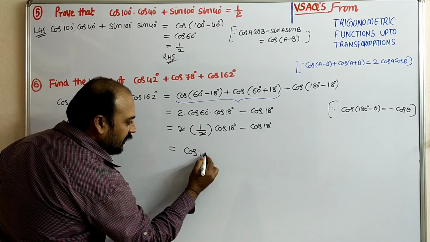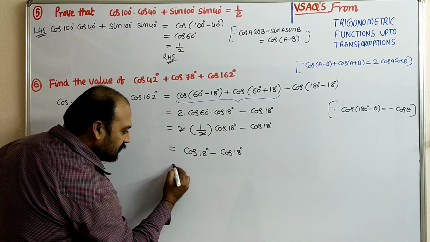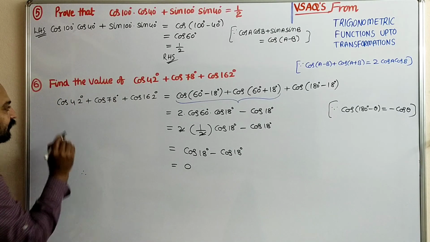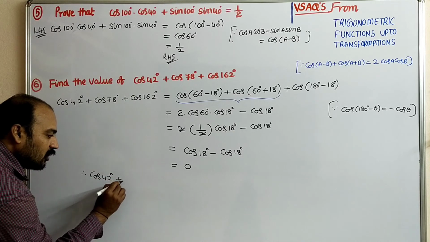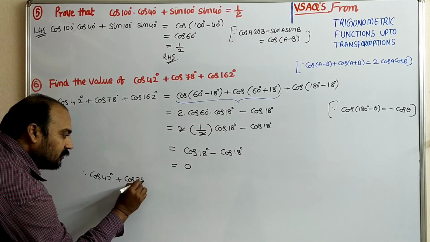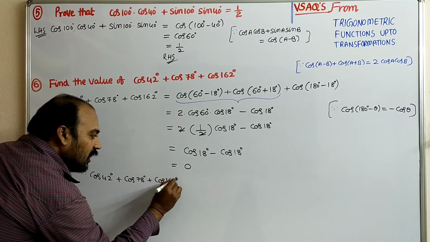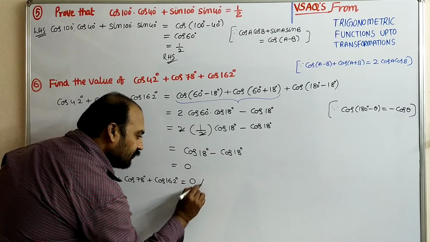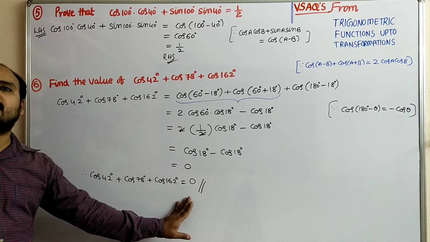Cos 18 degrees minus cos 18 degrees is equal to 0. Therefore, conclusion step: cos 42 plus cos 78 plus cos 162 is equal to 0. They are asking to find, they are not asking to prove that. So find the value. This value is equal to 0.